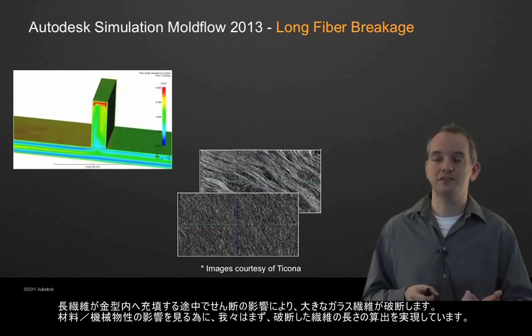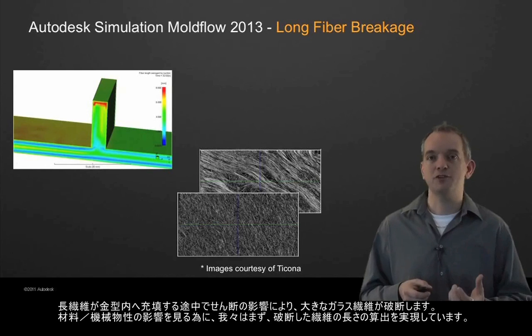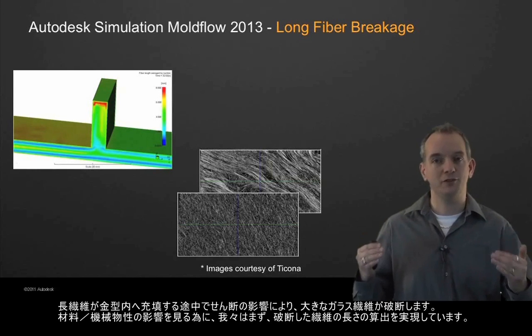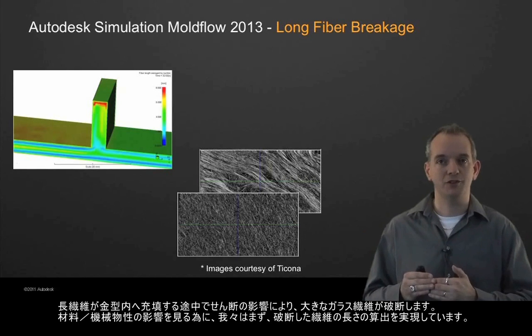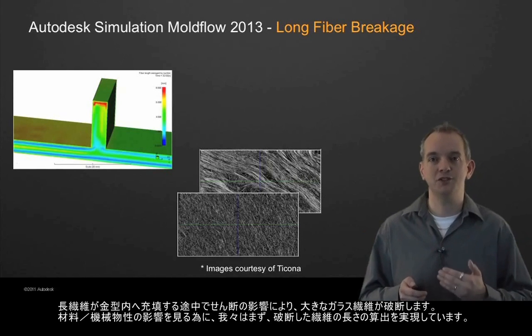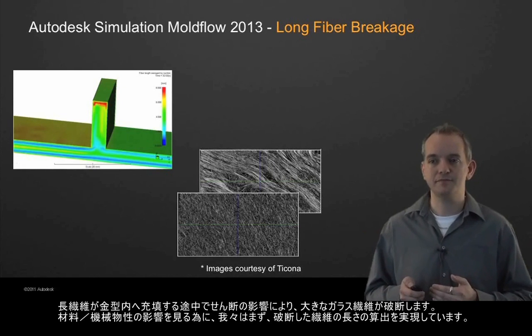This fundamentally changes the material behavior, particularly the mechanical behavior. So now, for the first time, we are able to calculate how a long fiber filled material breaks down into short fibers in the injection molding process. This is a very big, prestigious capability we added to our 2013 release.